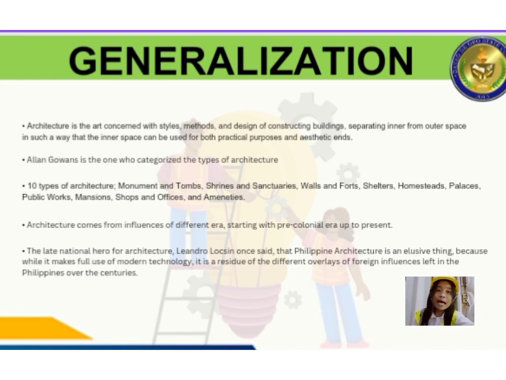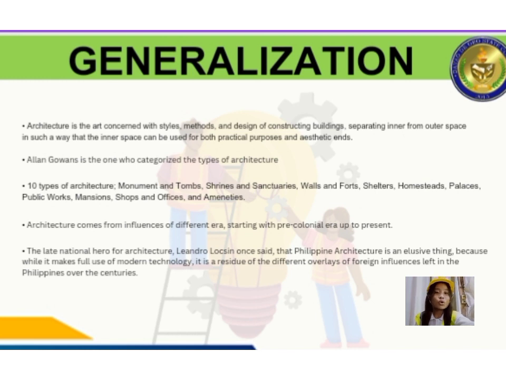And to generalize our discussion for today, architecture is the art concerned with styles, methods, and design of constructing buildings, separating inner from outer space in such a way that the inner can be used for both practical purposes and aesthetic ends. The one who categorized the types of architecture is Alan Gowans.